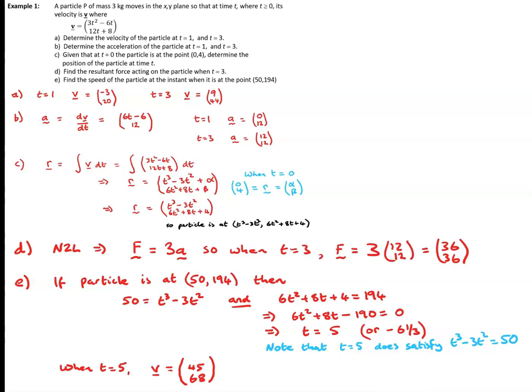The speed of the particle at this instant is the square root of 45 squared plus 68 squared, which is the square root of 6,649, in other words, approximately 81.5 meters per second.